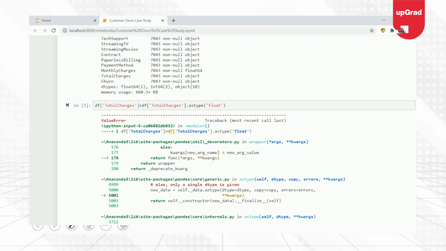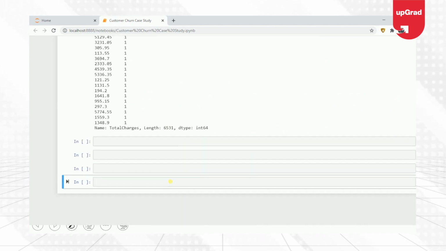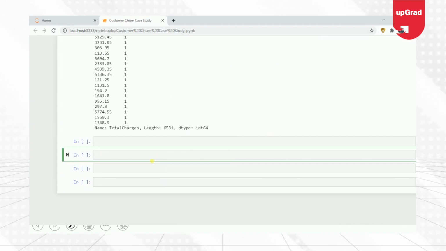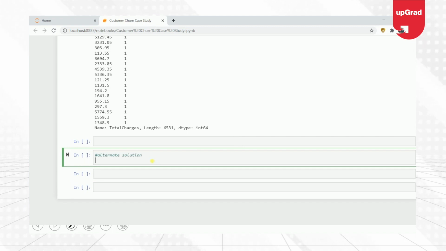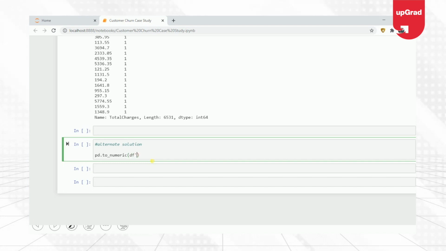In order to handle such situations, we have some alternate solutions available in pandas. Here we'll be using the pd.to_numeric method, one of the alternate methods we can use for data type conversion. It is going to accept total charges as the parameter, and there is one more parameter called errors, whose value is coerce.